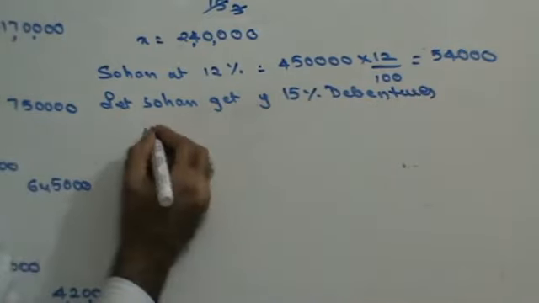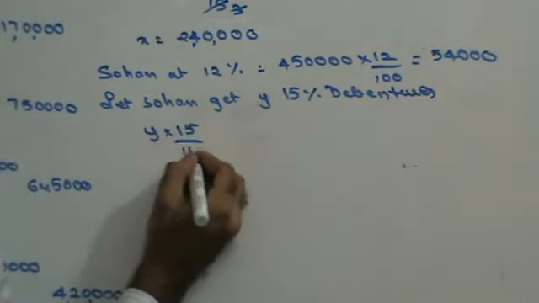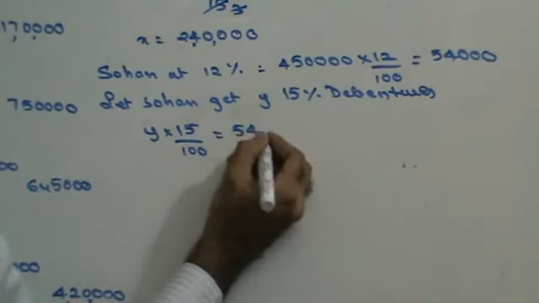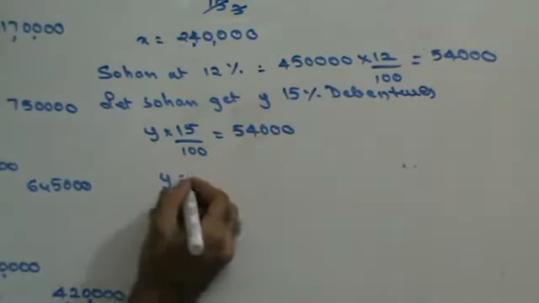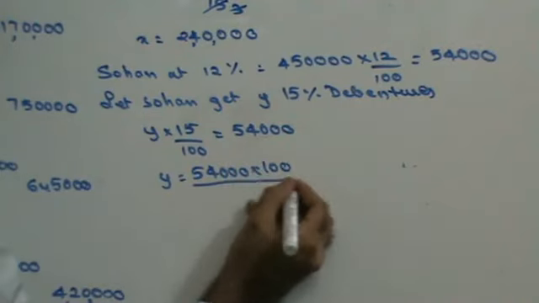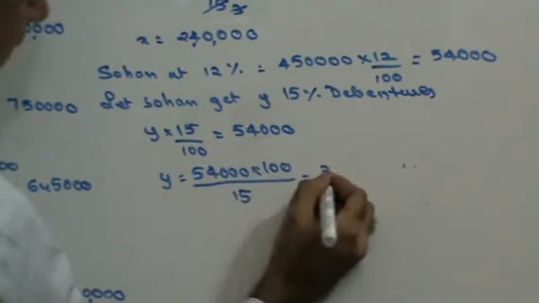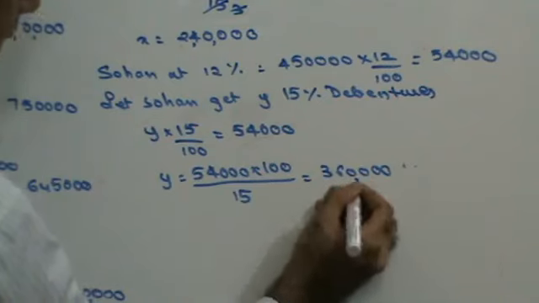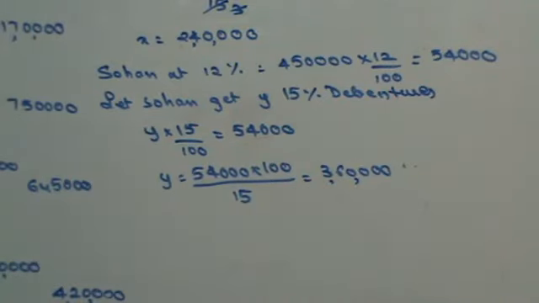So Y into 15% should give you 54,000. So Y is equal to 54,000 into 100 divided by 15. 3,60,000. So that means Rohan will be issued debentures of 2,40,000 and Sohan will be issued debentures of 3,60,000.